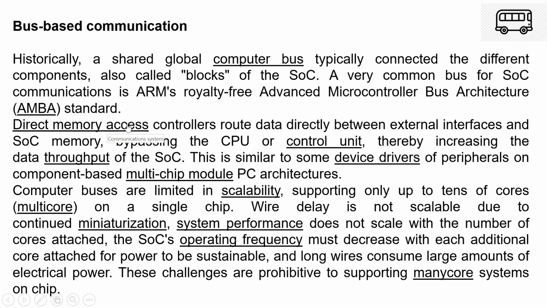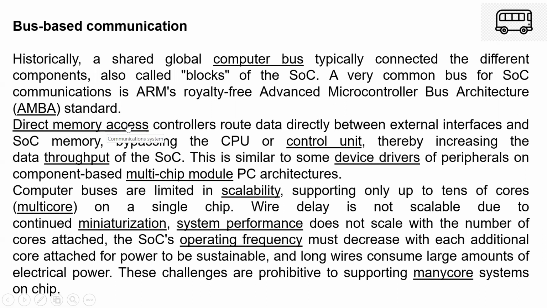And as the CPU is not involved, there is no burden of this data transfer on the CPU, and the CPU is free to carry out other functions. Therefore, this improves the performance of the CPU. Such direct memory access is provided on system on chip.